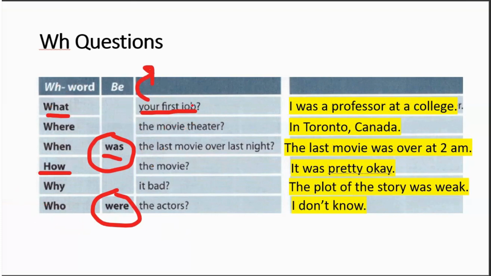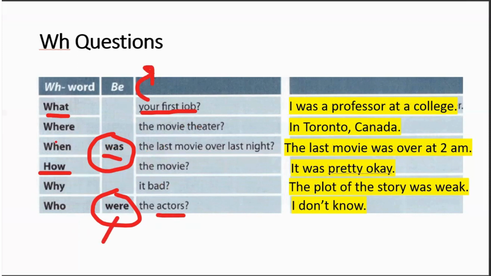What was your first job? Where was the movie theater? When was the last movie over last night? How was the movie? Why was it bad? Who were the actors? Here there are more than one actor, so we are using were.